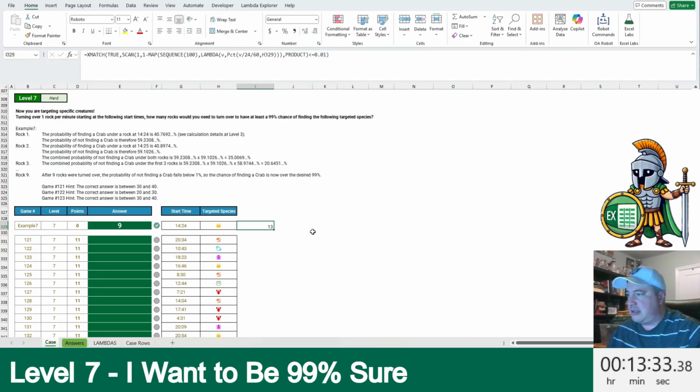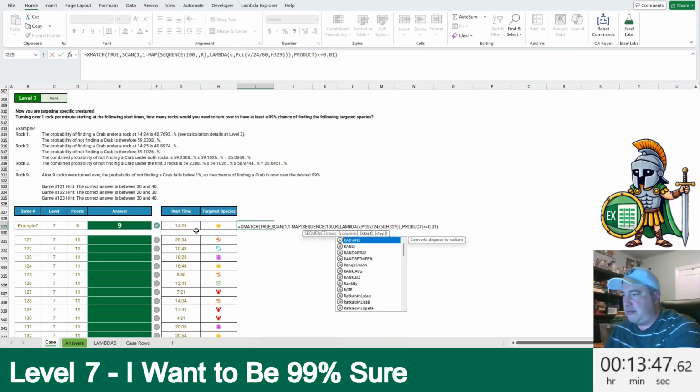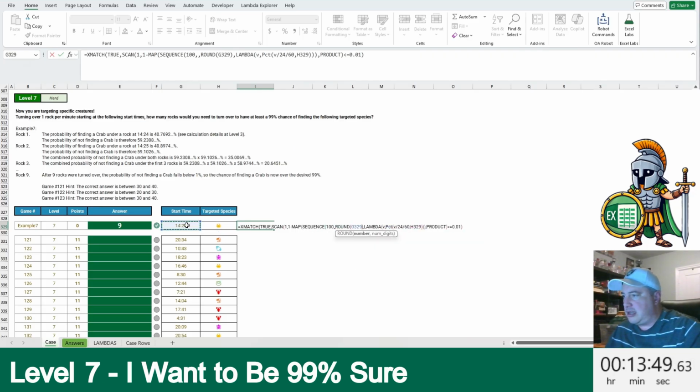So let's undo this and then just change our start time to be sequence 100, but starting at this time. So it's going to be round this time times 60 times 24 and round to 0.